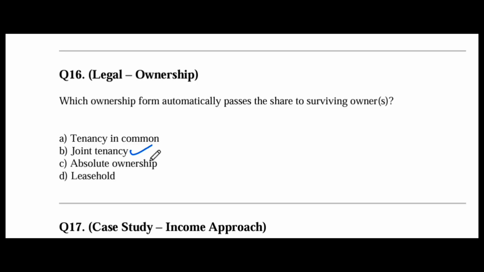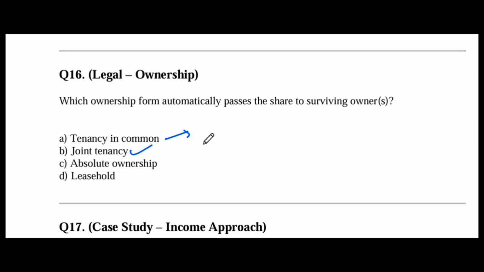person who passed. Now let me explain what tenancy in common actually is. Each owner holds a distinct share which does not automatically pass to the other owners upon death. If any person passes, the share does not automatically pass to the other owners. It becomes part of their estate and is transferred according to the will or succession laws.